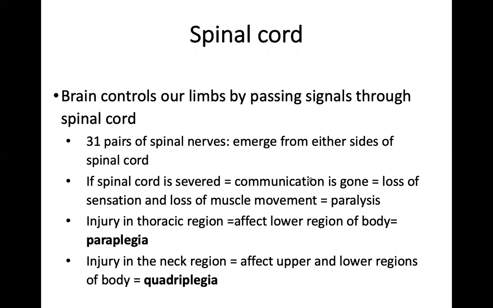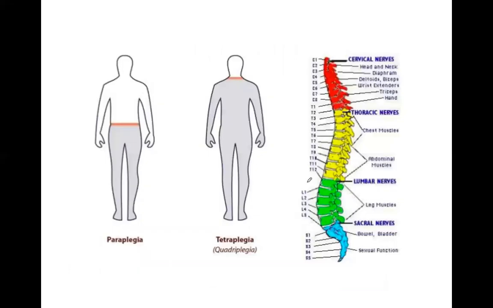Now, looking at the breakdown of the spinal cord, you have 8 nerves originating from the cervical region, and these are called cervical nerves, numbered C1 to C8. You have a total of 12 nerves associated with the thoracic region, labeled T1 through T12.